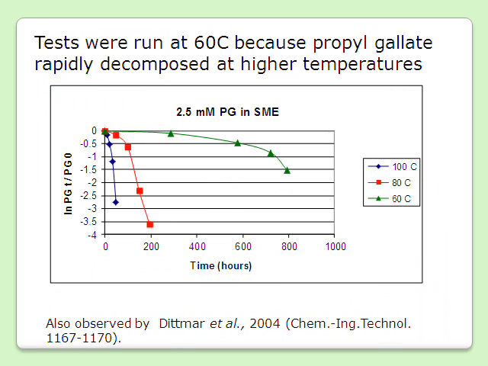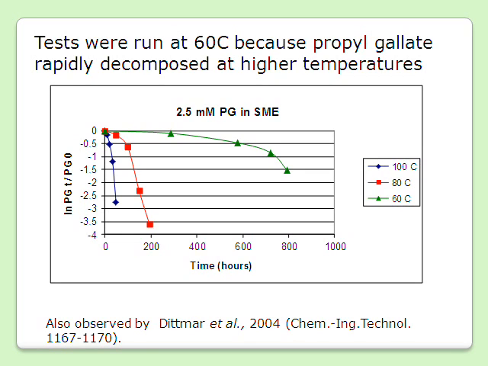We chose 60 degrees, although many kinds of oxidation tests are at higher temperatures, like the classic Rancimat method that involves a special instrument that operates at 110 degrees and is widely used throughout the industry. But when we tried to run the reaction at 100 degrees, the propyl gallate rapidly disappeared, and within about 48 hours or so, almost all of it was gone.